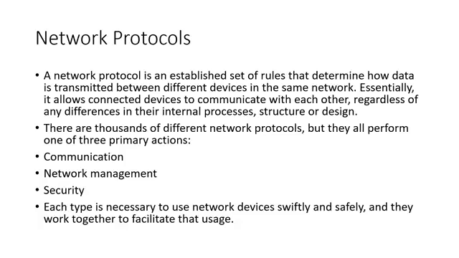Each of these protocols is necessary to use network devices swiftly and safely, and they work together to facilitate the usage. So at the end of the day, no matter how many devices you have on the network, the right protocols have to be in place. And from a security perspective, you have to make sure that only secure protocols are running on your system, or you have to put mechanisms in place to ensure that the protocols within your environment are protected and secure.